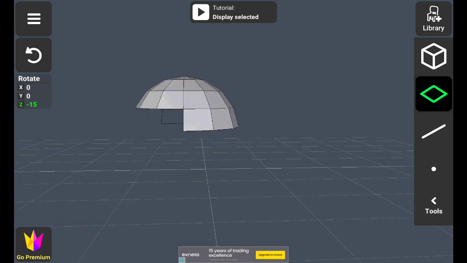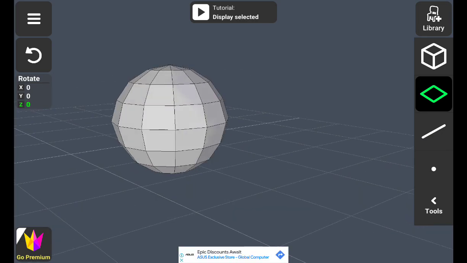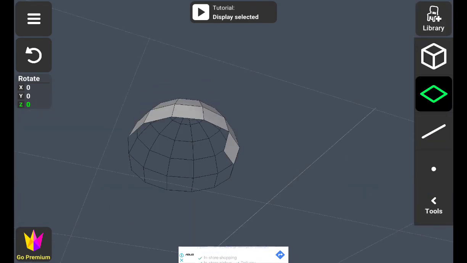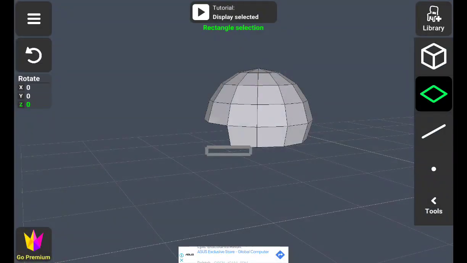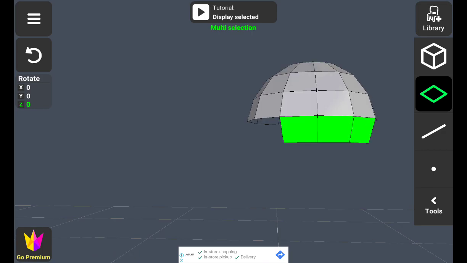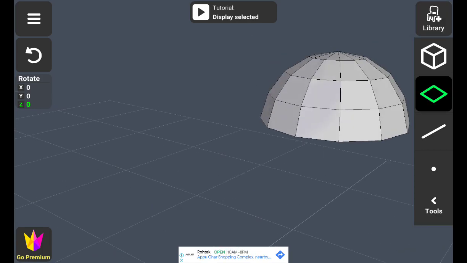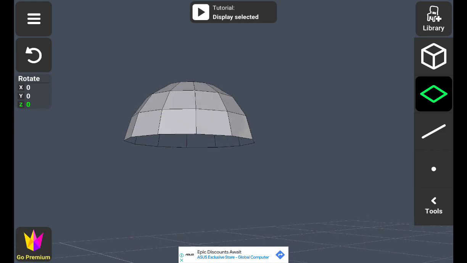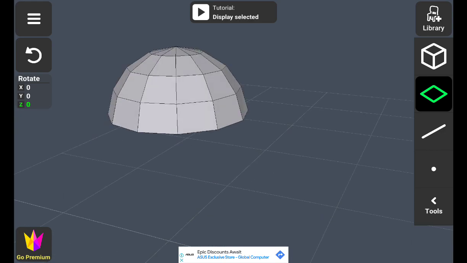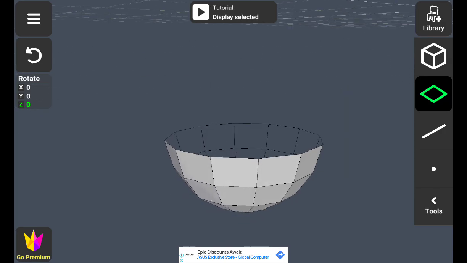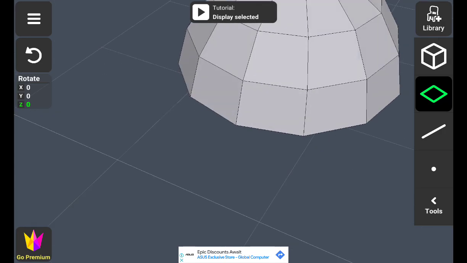I think I selected a bit more than I really meant to, but no worries. Okay, so I've divided this earth into half. So basically this is half earth, right? You can take this as the northern half or the southern half as well. Let's imagine that this is the northern half. Then if we change it like this, now this becomes the southern half, right? Because they're both exactly the same.